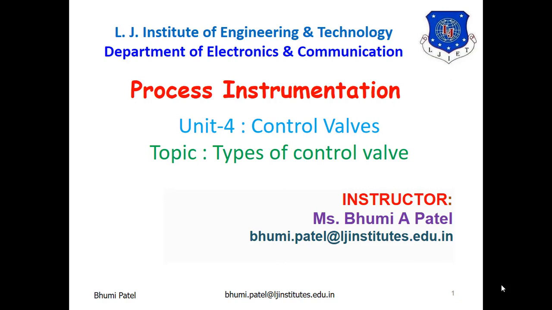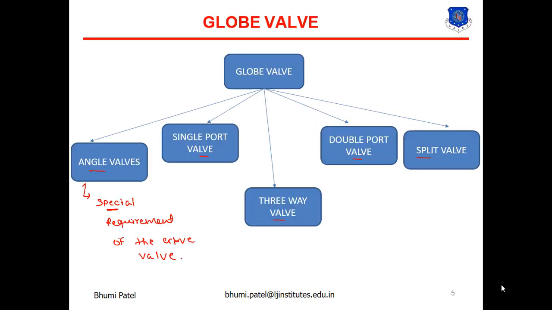We divided the control valve into three types, and then started with the globe valve. As you know, the globe valve is divided into five parts: single port valve, double port valve, three-way valve, angle valves and split valve.